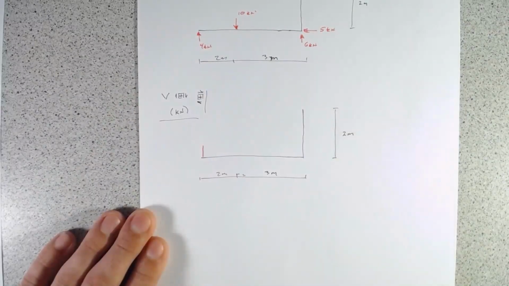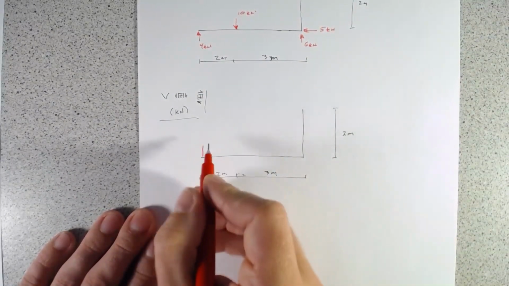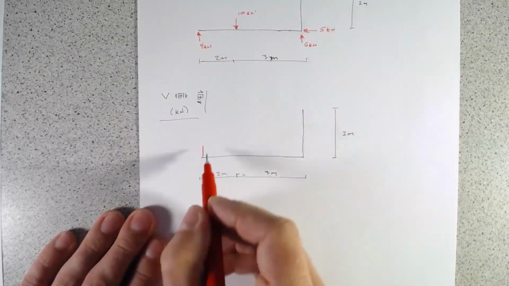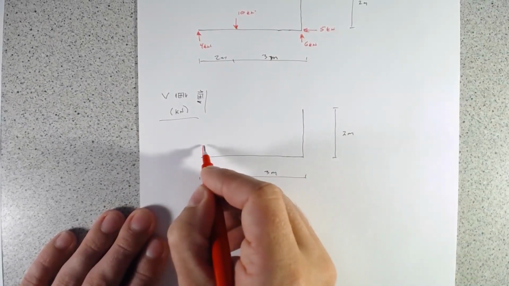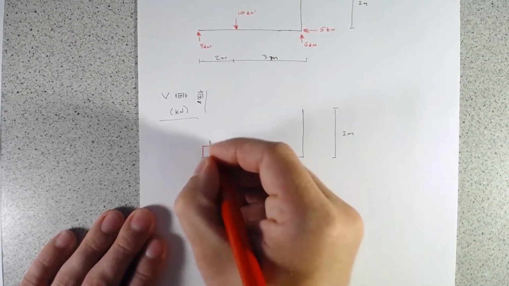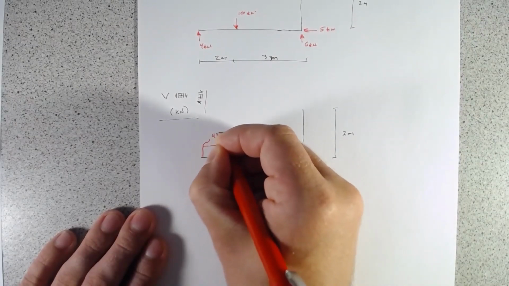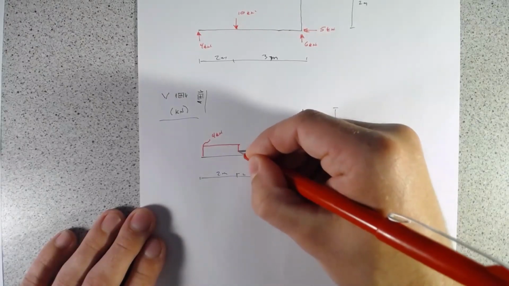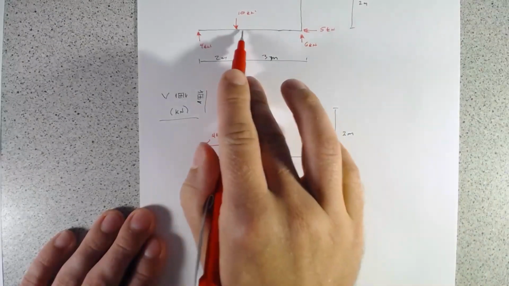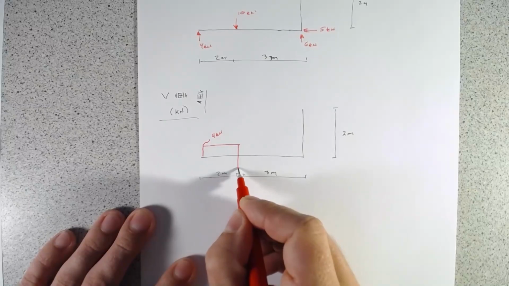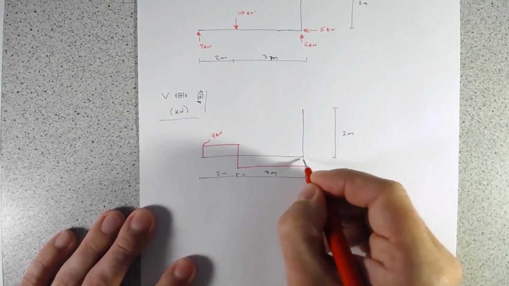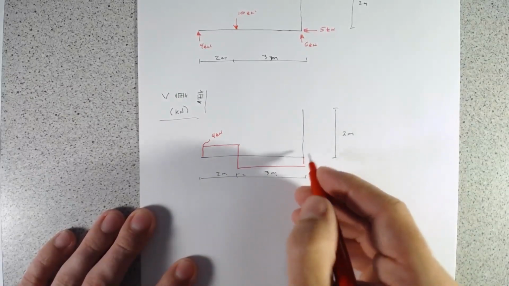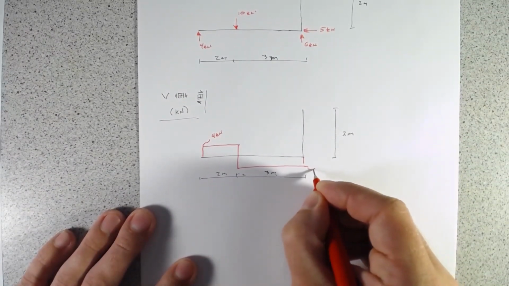So we know that we have a force going up of 4 kilonewtons. Then we have no change in shear force because we've got no change in loading. So until we come to our applied load, we maintain a 4 kilonewton shear force. Then our 10 kilonewton load, we're going to push it down 10 kilonewtons, and then we have no change in loading. And so it comes around until we go up 6 kilonewtons, and our shear force diagram closes, which is a good check.